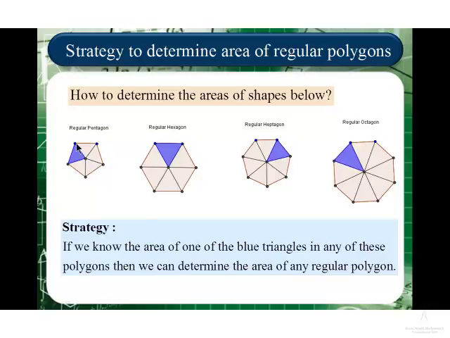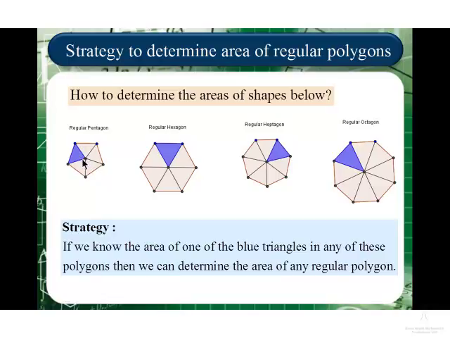For example, for the regular pentagon, if we can find the area of the blue triangle as indicated on the screen, we can multiply that with 5, since all the other 4 triangles that make up the area for this particular regular polygon will be identical, and in such a way we can find the area of the regular pentagon.